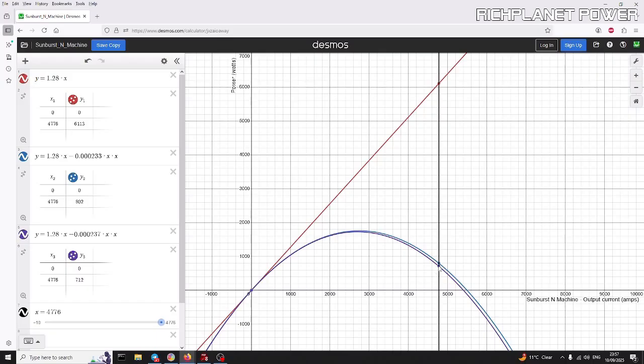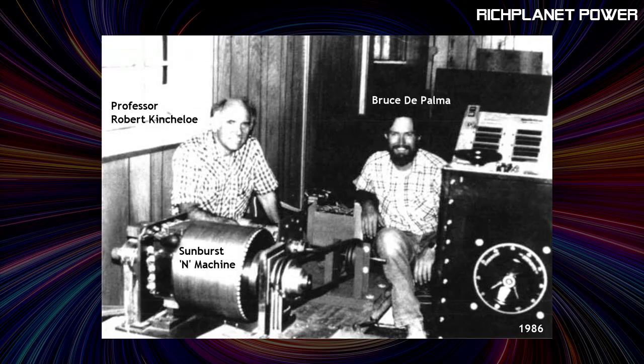But De Palma would only need to reduce the resistance of his brushes by a very small amount in order to get more power into the load, such that the usable output power is also more than the incremental input power. In Kinchlow's report, he states, "A number of techniques could be used to reduce the friction losses, increase the total generated voltage, and the fraction of generated power delivered to an external load."